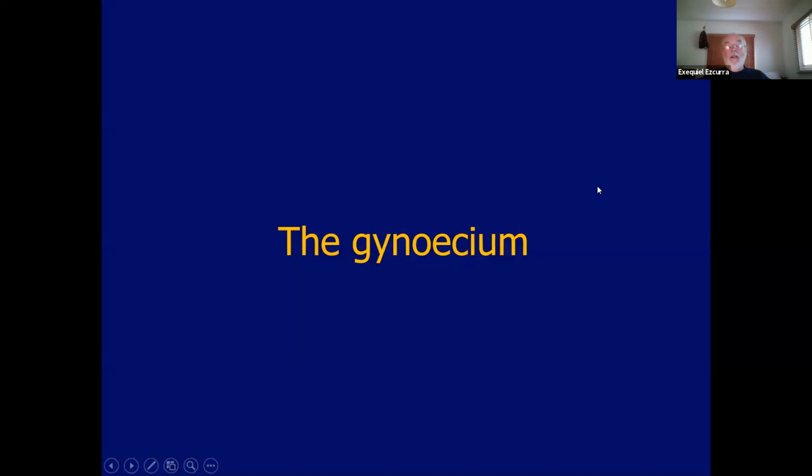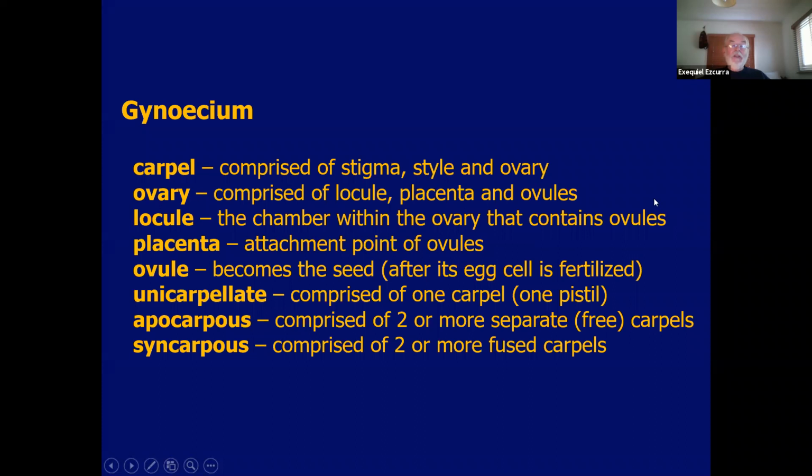Okay, more complicated now, the gynoecium. The gynoecium has a complicated nomenclature, and it's important that we get it quite clear. It has carpels, that is, basically one carpel is a bract that has stigma, style, and an ovary below.